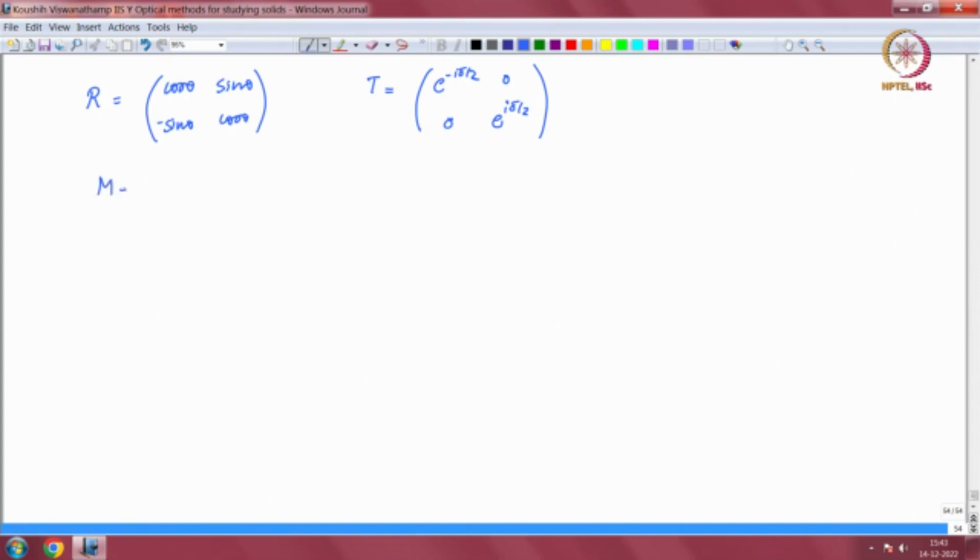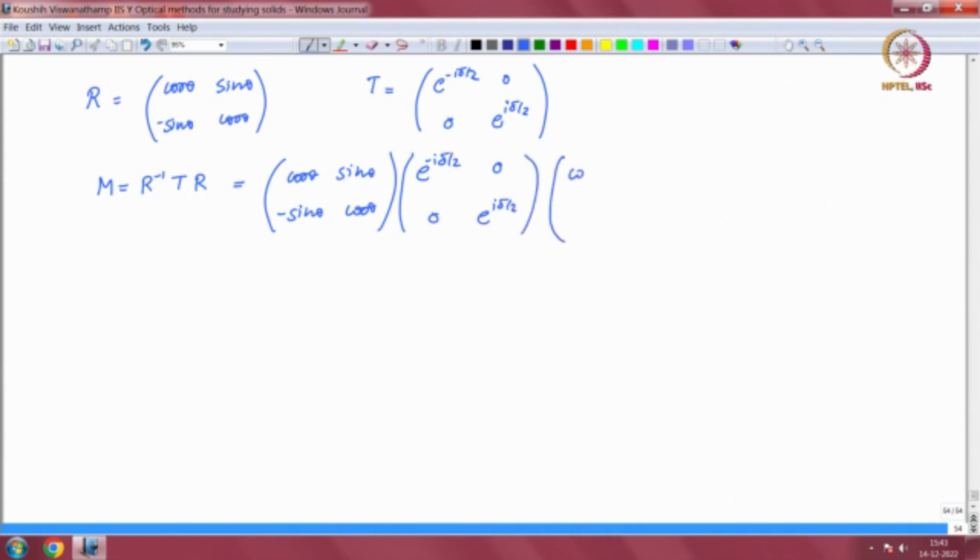So, if M is R inverse T and R, then you have cos theta, sin theta, minus sin theta and cos theta, you have e to the power of minus I delta by 2, 0, 0, e to the power I delta by 2, and you have cos theta, sorry, this should be inverse, right, so it will be negative sin theta, minus sin theta and cos theta.